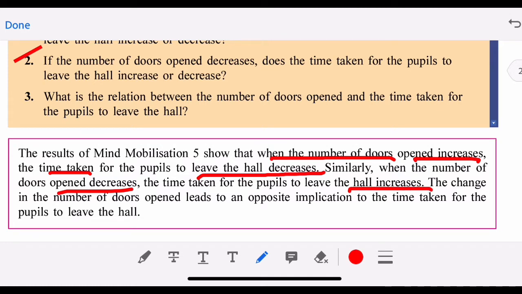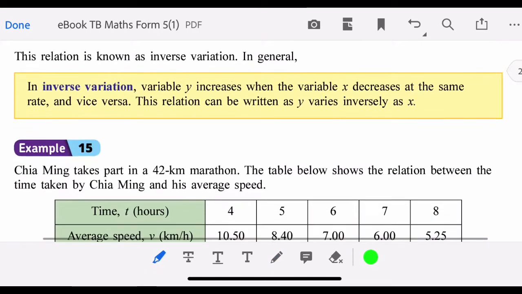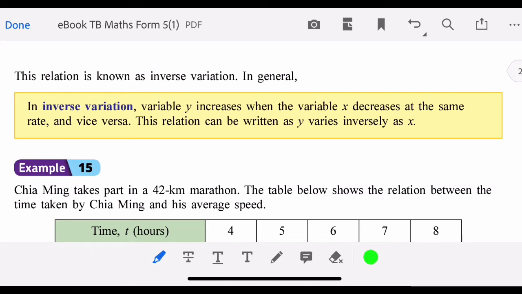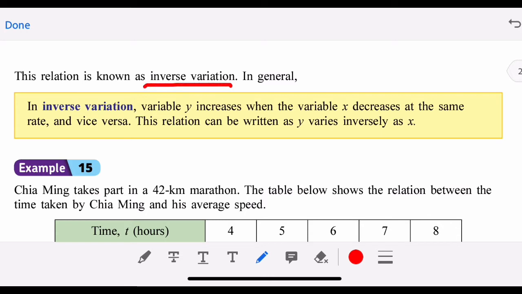The change in the number of doors open leads to an opposite change in the time taken for the pupils to leave the hall. So this relation is known as inverse variation.